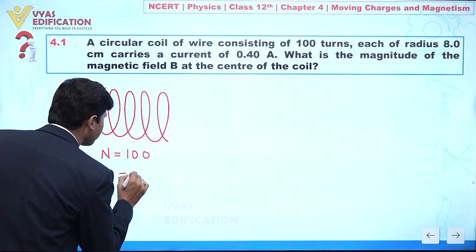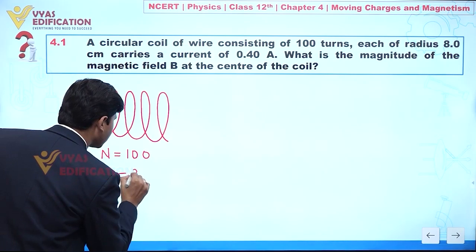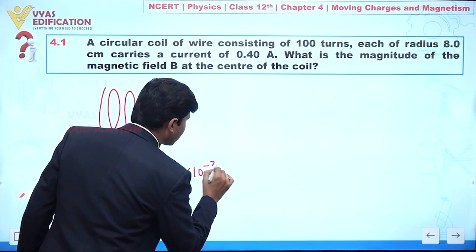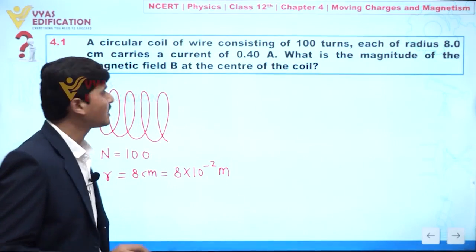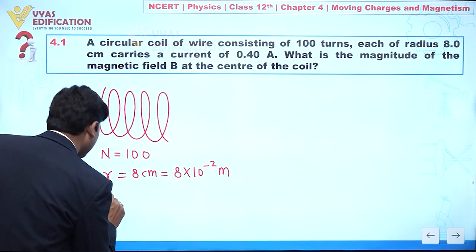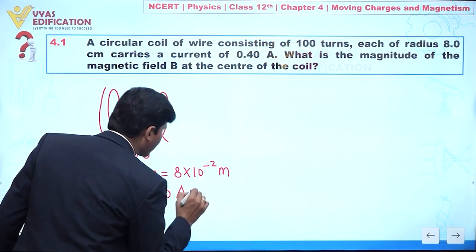I say R is 8 cm, or you can write 8 into 10 to the power minus 2 meter. It carries a current of 0.40 ampere.